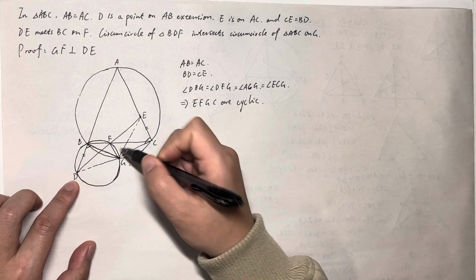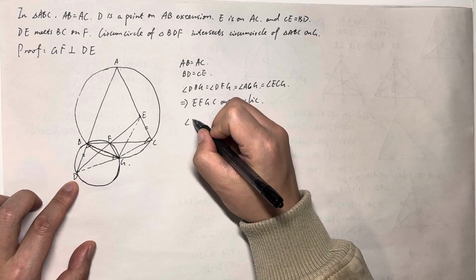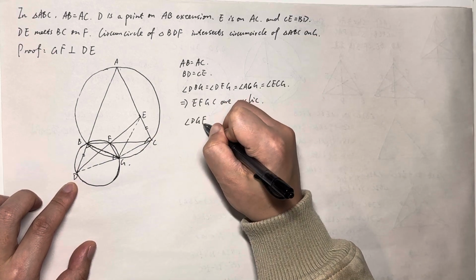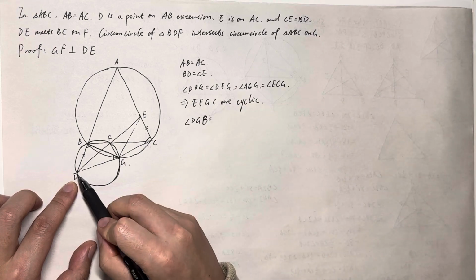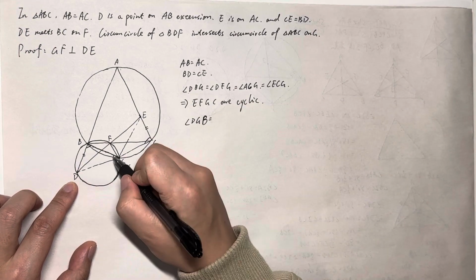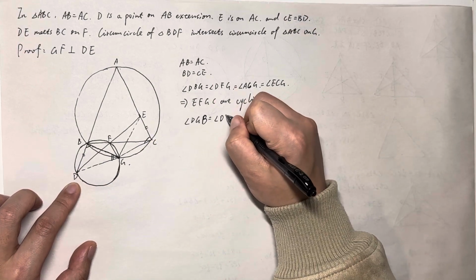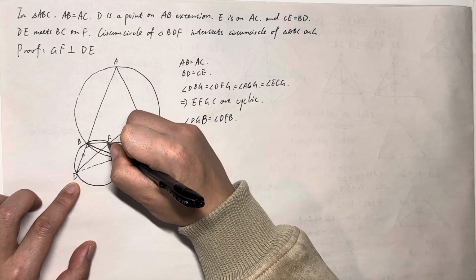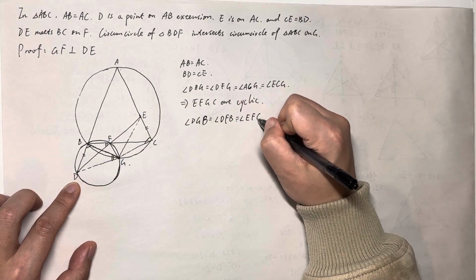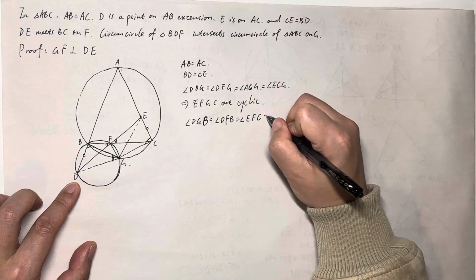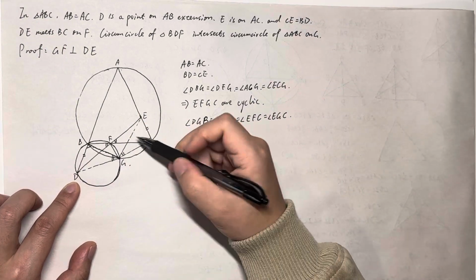So let's see this angle, angle DGB, right? Angle DGB equals angle DFB, equals angle EFC, equals angle EGC, right?